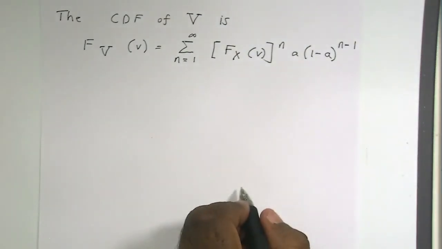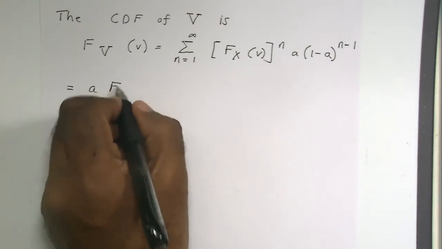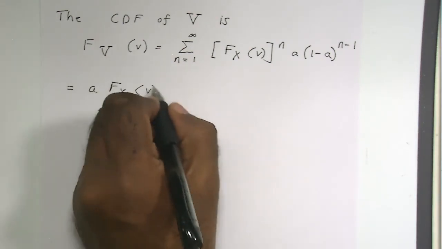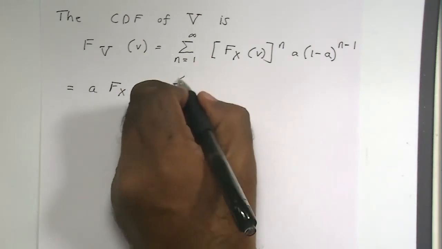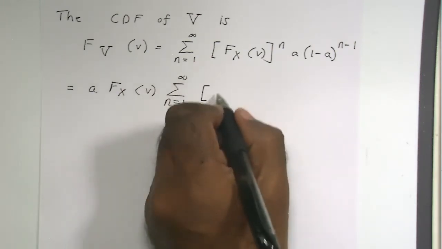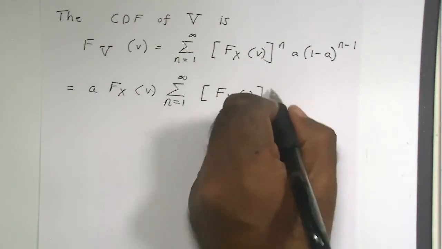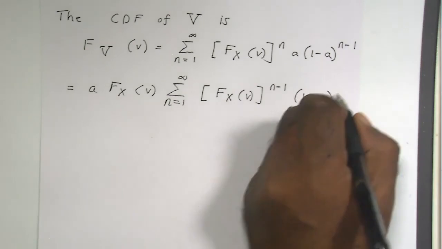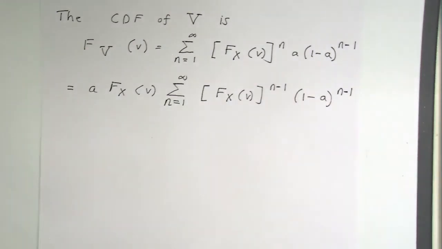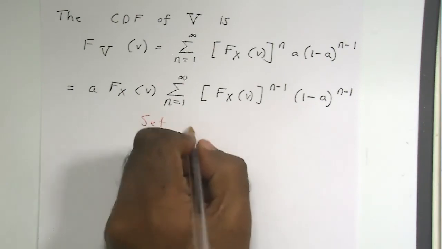Now you can pull out the a, you can pull out the F_X(v), and then inside you have the sum from 1 to infinity of F_X(v) to the power n minus 1 times (1 minus a) to the power n minus 1, and then you make the substitution m equal to n minus 1.